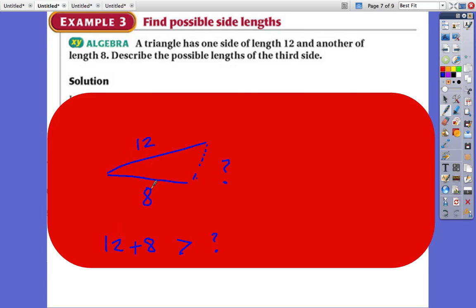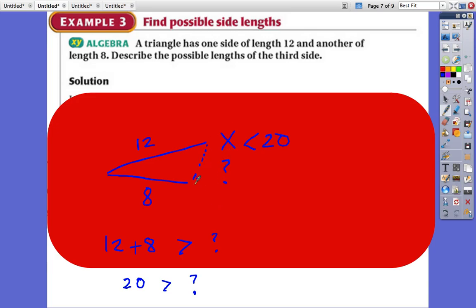These 2 sides added together has to be greater than the third side for it actually to be a triangle. 12 plus 8 is 20. So that third side has to be less than 20 because 20 has to be greater than the third side. So x has to be less than 20. We'll call this missing side x.